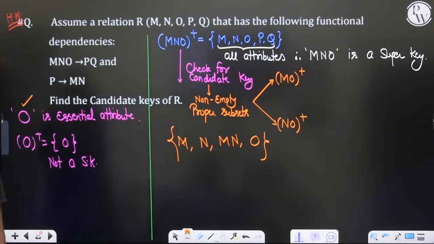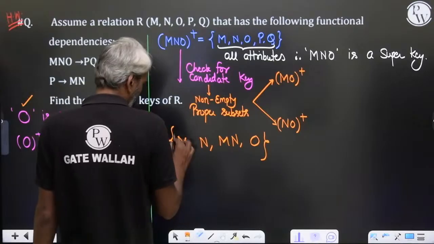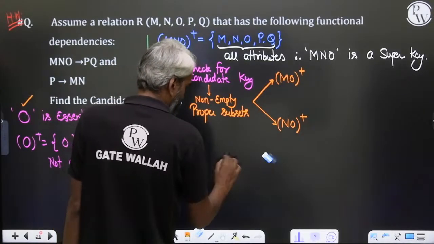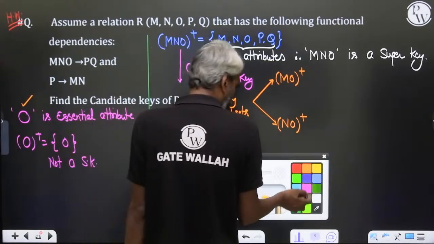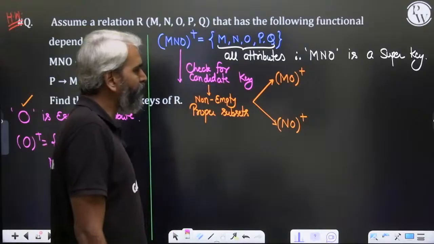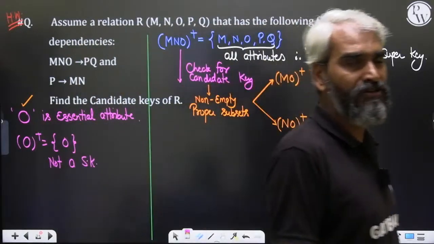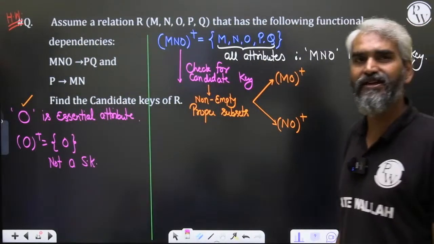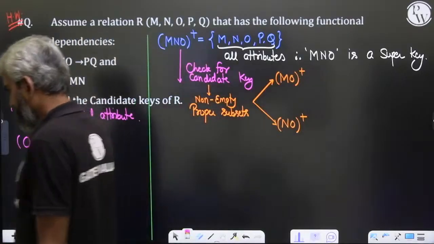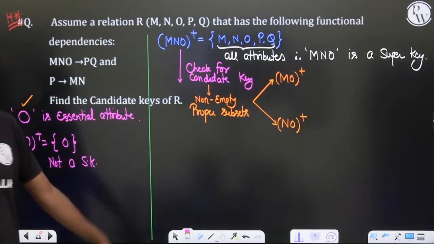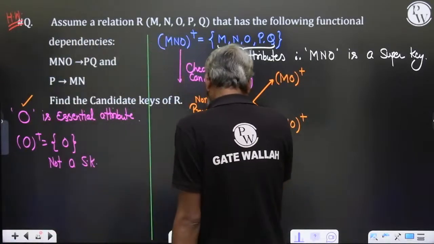Clear? So when we check with respect to proper subsets, please make sure that all the essential attributes are present in all those proper subsets, otherwise they can never be superkeys. Done?